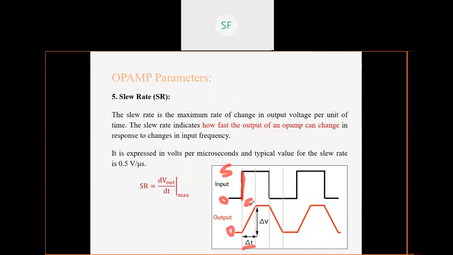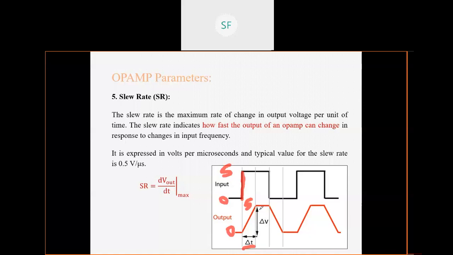You can observe here that this time duration is delta T, and this change in voltage is delta V. So the rate of change of output voltage with respect to time is called the slew rate.